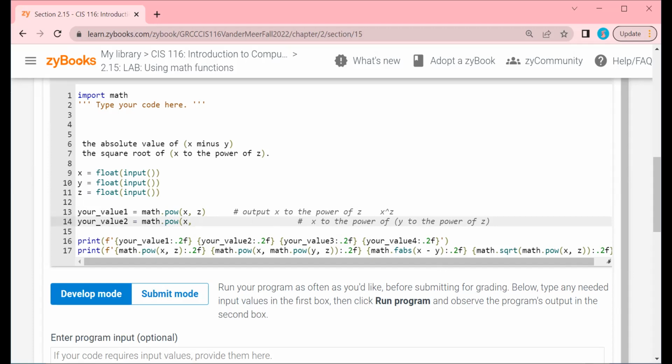So instead of just saying z, like 3 to the power 2, I'm going to say 3 to the power of y to the power of z. So inside of here, I say math.pow again, and that's where I say y comma z, and then I close out my matching parentheses.